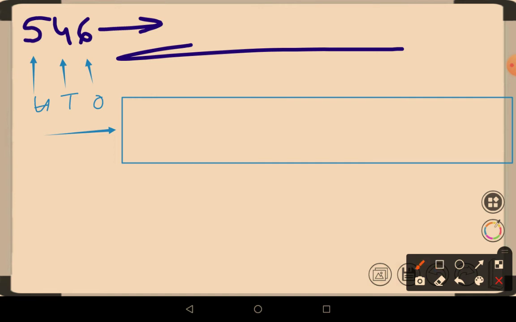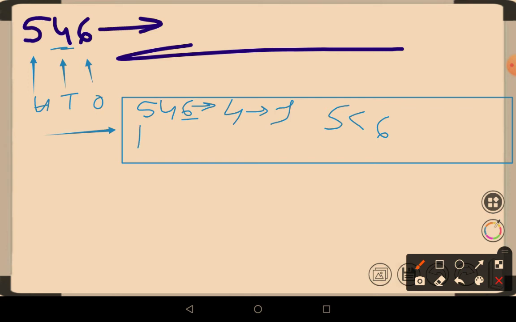I said nearest 10, so this is the tens value. The digit is 4 in the tens place, and the ones digit is 6. If I compare it with 5, 6 is greater.